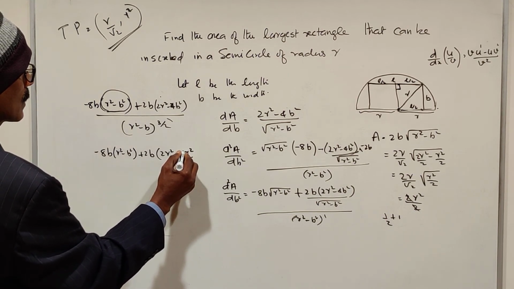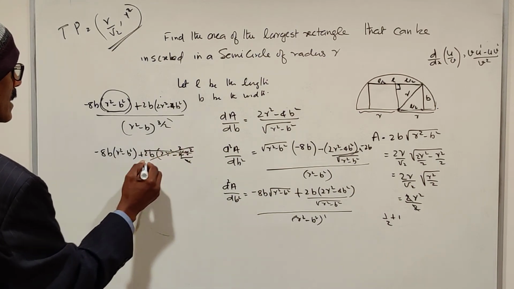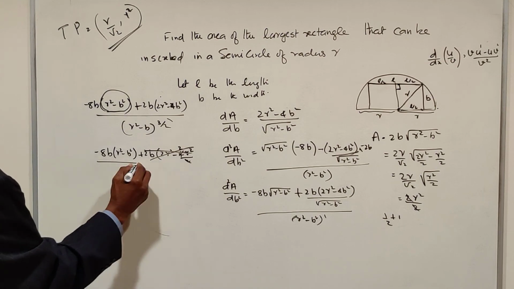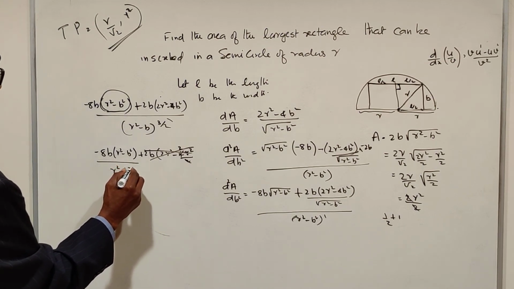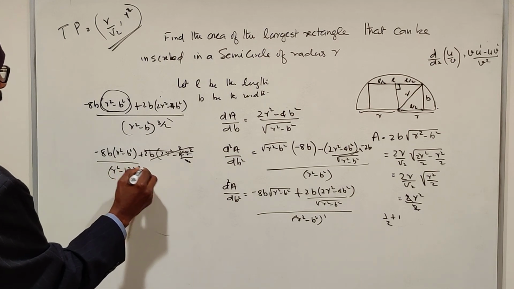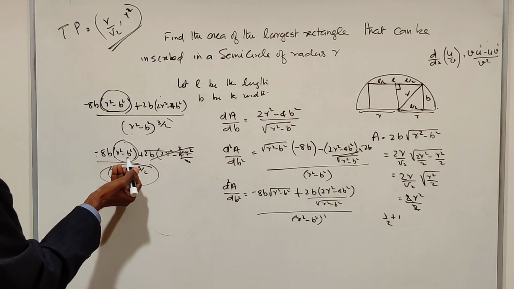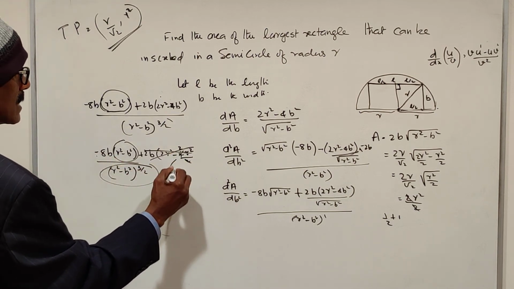So this one is 2r² minus 2r², which is 0. This one cancels. So here (r² − b²) the whole raised to 3/2. See, this one is positive, this one is positive. See, minus 8 into, so the whole thing is negative.